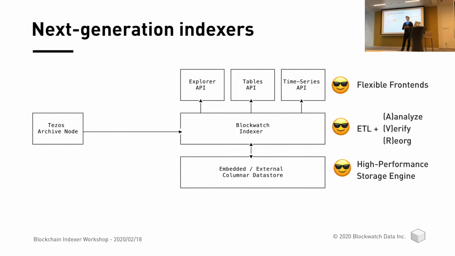It's basically a columnar data store with a journaling solution on top, where updates go into a journal and are written out into the columnar data store when the journal runs full, for example. And for Tezos and Bitcoin, it turns out to be a good structure to do this.